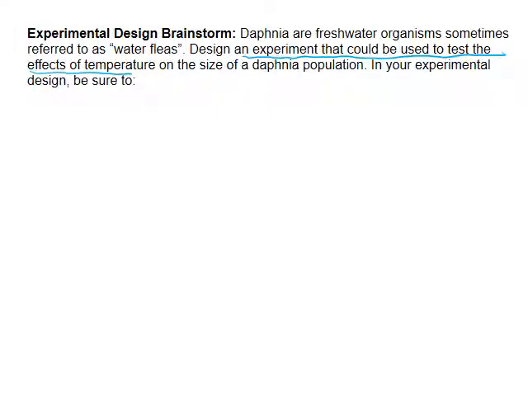Okay, so the first thing they asked us to do is a hypothesis. Hypothesis has to be an if-then statement, and it has to be based on what the question is asking us. So I'm going to increase the temperature.